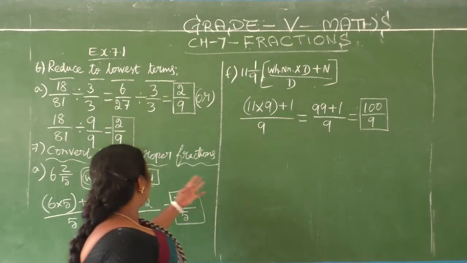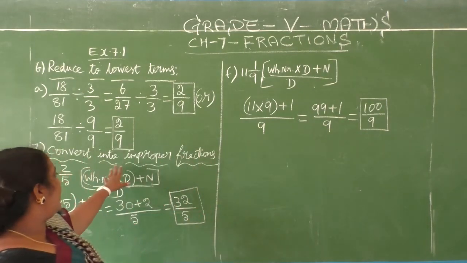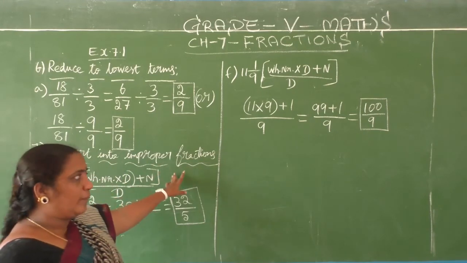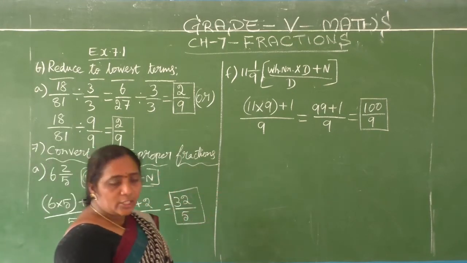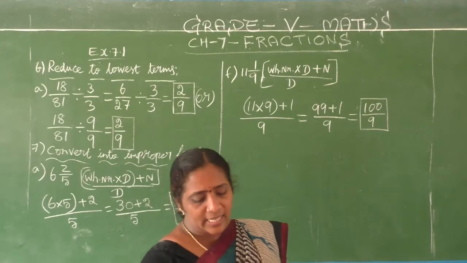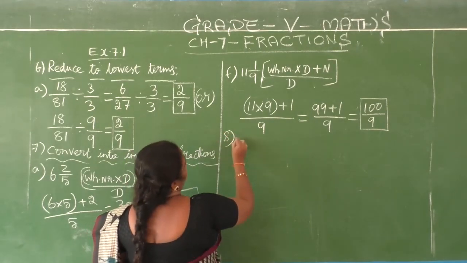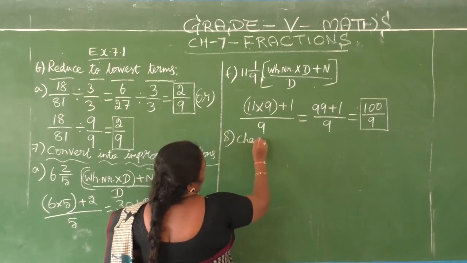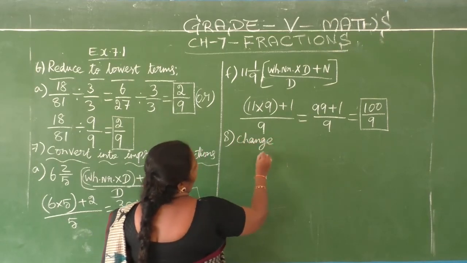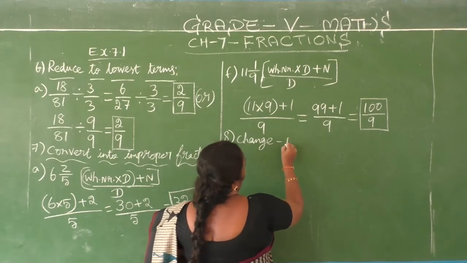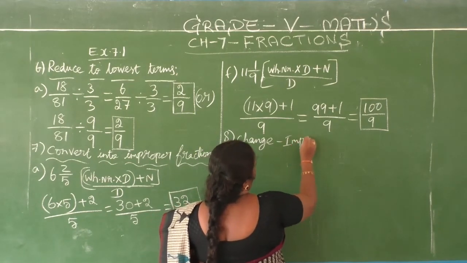In our previous Roman we converted the mixed fraction into improper fraction. Now in the next Roman we are going to change improper fractions into mixed fractions. 8th Roman. I am writing the heading in short form: change improper to mixed. Okay, ma?